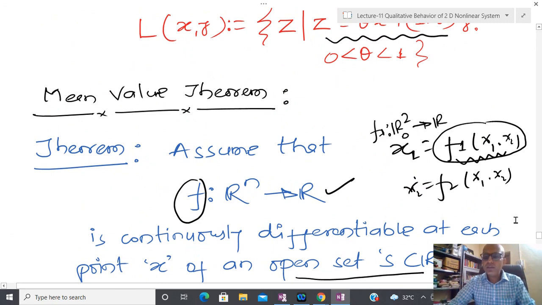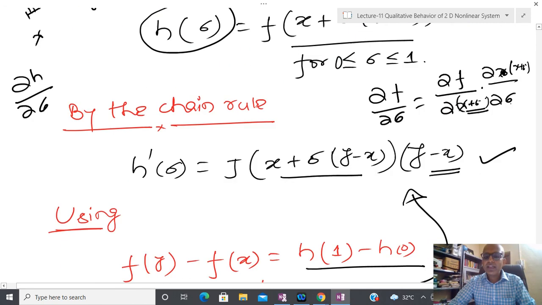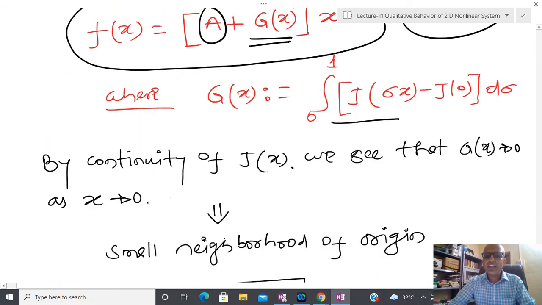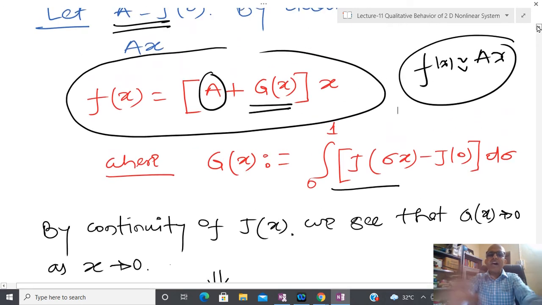But if you write up to here, you can see that I haven't done any approximation till now. Up to here I am talking about equality, and after that you can analyze the g(x) term and then impose something else. When I discuss continuity, I will tell you why, when x tends toward 0, g(x) tends toward 0, and f(x) is approximated by Ax.